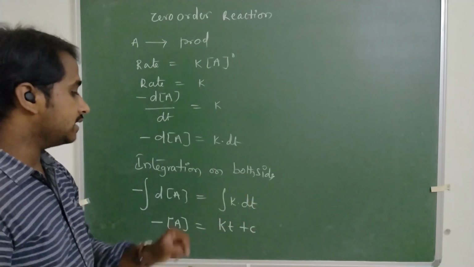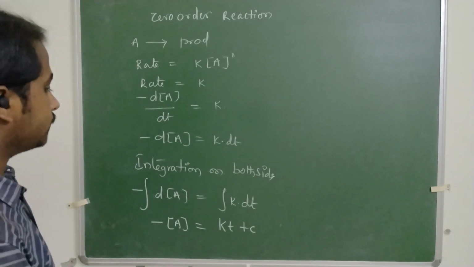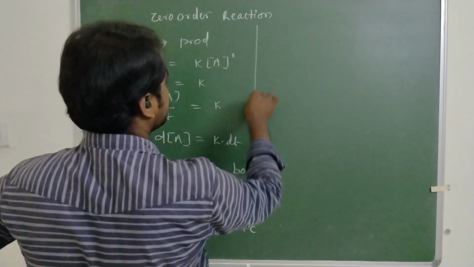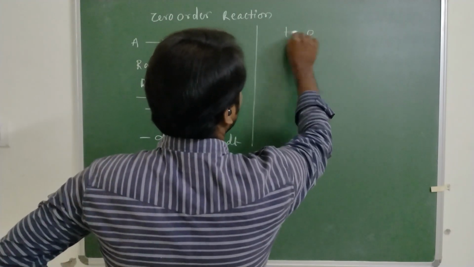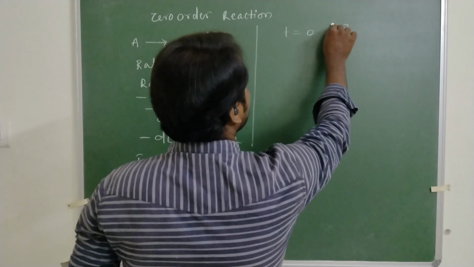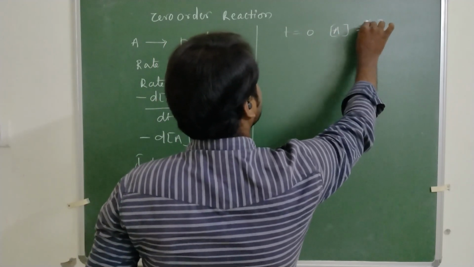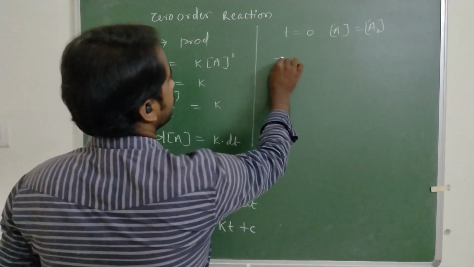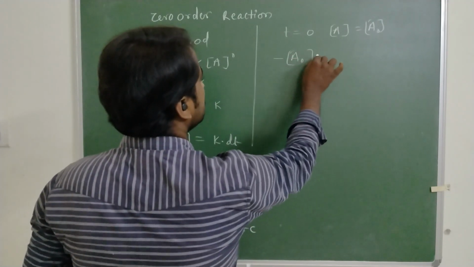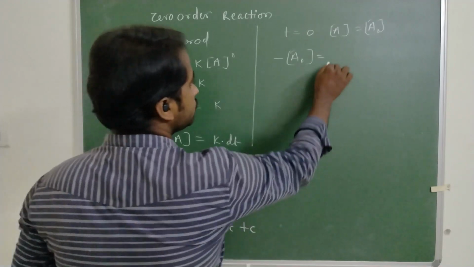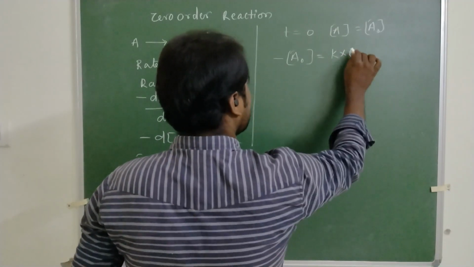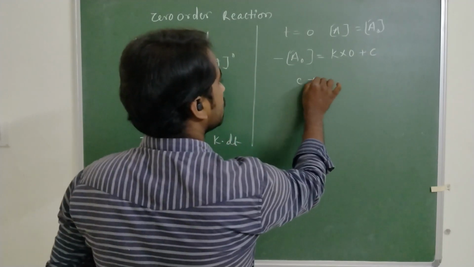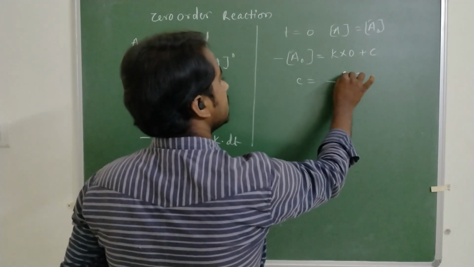For C, if t is equal to 0, A becomes A naught, the initial concentration. So substitute: minus A naught is equal to K into 0 plus C. So now C is equal to minus A naught.